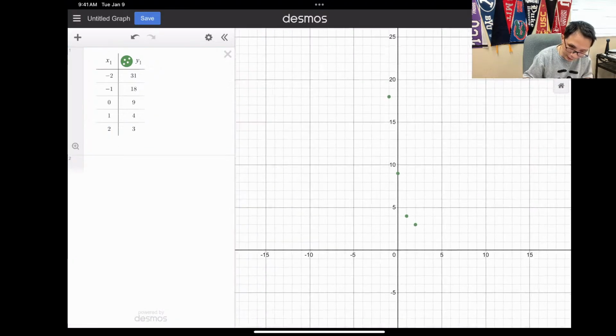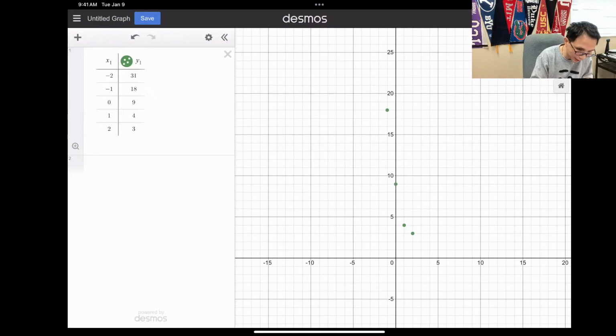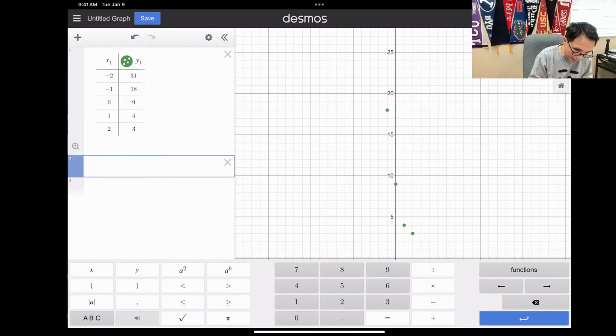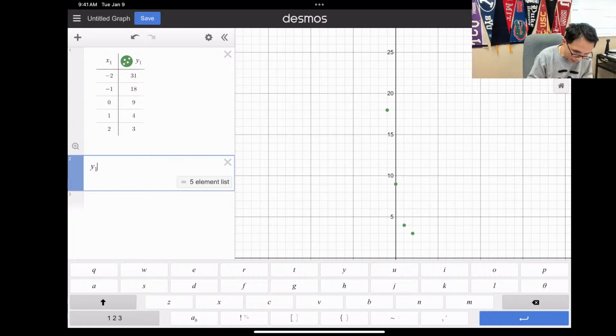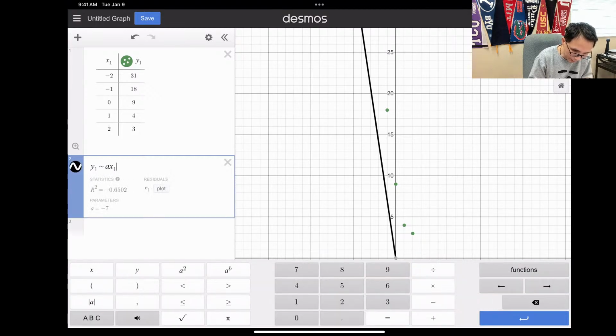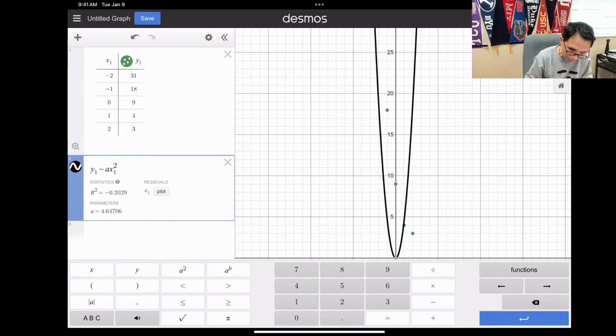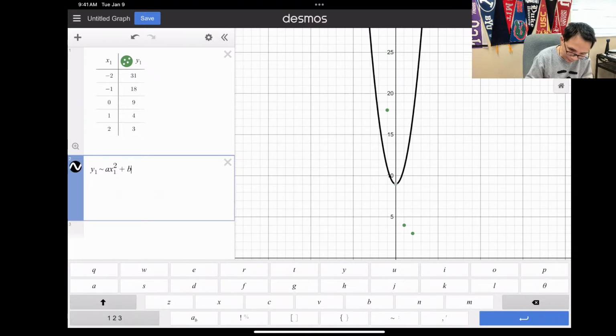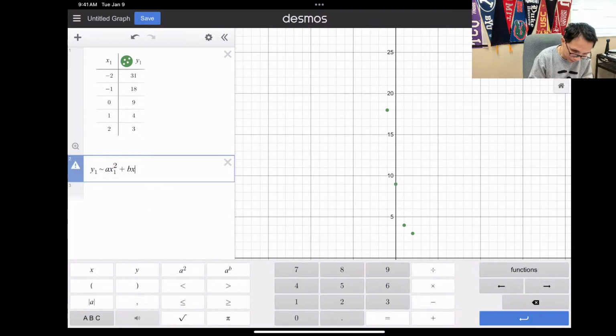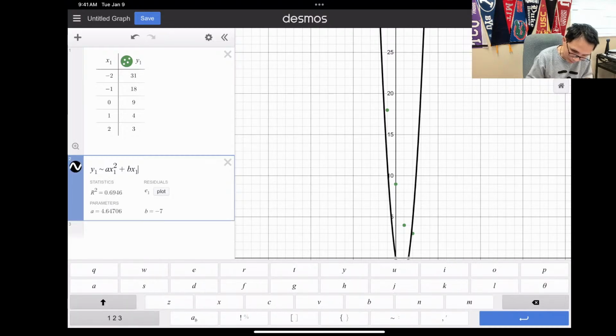So by looking at this, we don't know if it's even quadratic. So we're going to say y1. We know it's quadratic, so it's a x tilde. Did you do tilde? You guys do this? ax1 squared plus bx1 plus c.